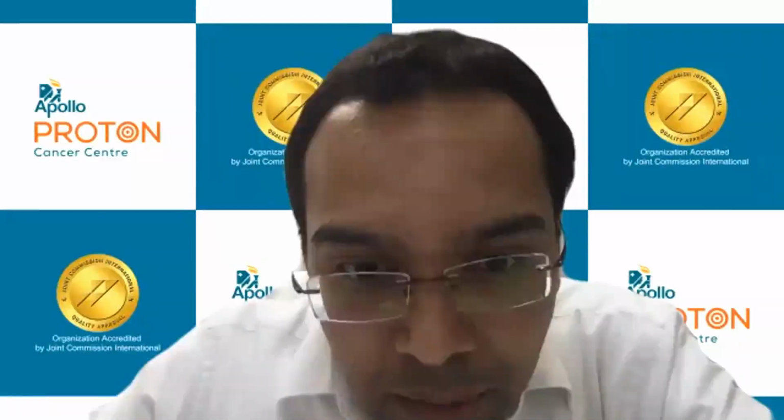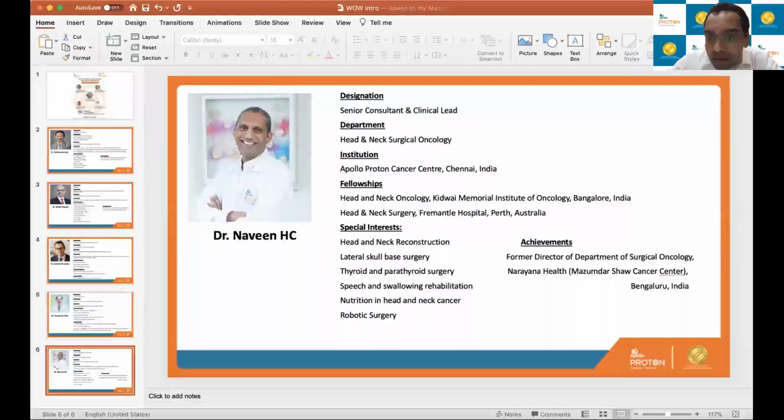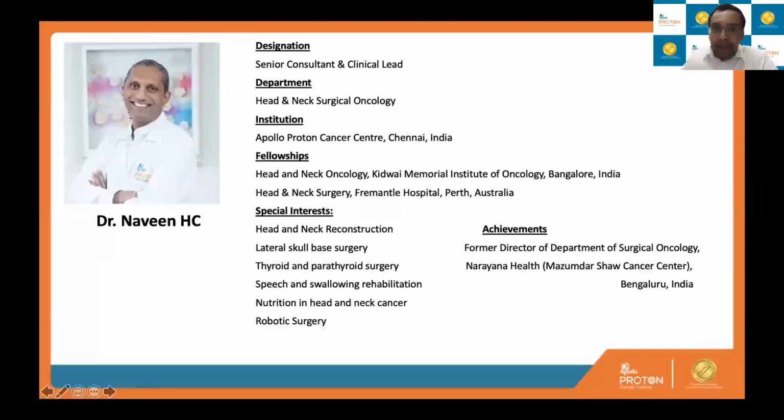The next speaker is Dr. Naveen Hedne. He's a senior consultant and clinical lead in head and neck surgical oncology at the Apollo Proton Cancer Center. He's done 2 fellowships, one in India at Kidwai Memorial Bangalore, and also in Australia, Perth at Fremantle Hospital.